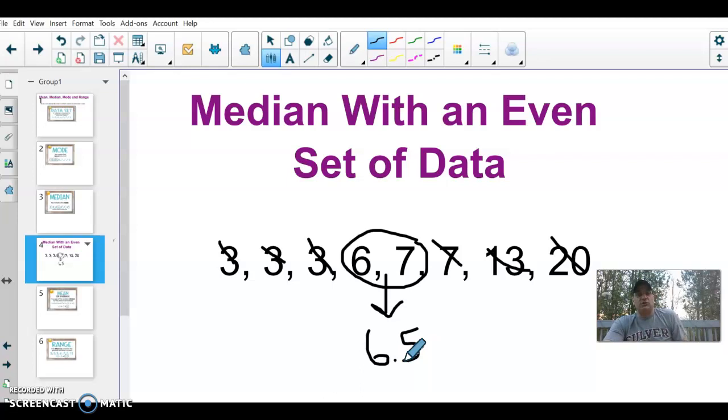Now, if I'm dealing with some larger numbers, one strategy to find the median of an even set is to take the 2 middle numbers and add them up. So I'm going to take 6 plus 7, and I get 13. Now, what do you think I do with the 13?